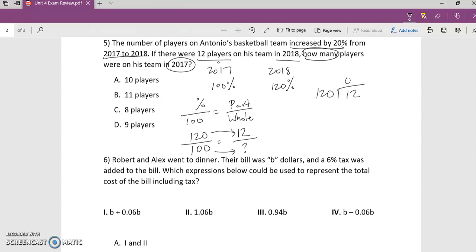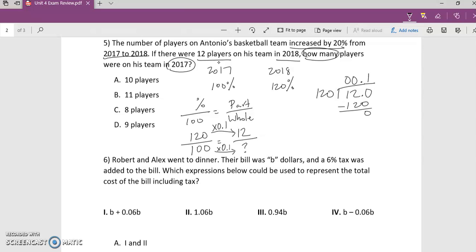120 goes into 1 0 times, 120 goes into 12 0 times, but if I add another 0, 120 goes into 120 1 time, and we have a remainder of 0. So I know I need to multiply by 0.1 in order to get the 12. And so I do that on the bottom also.